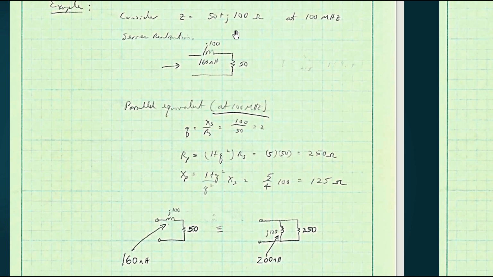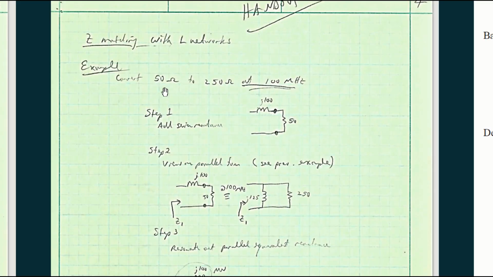Now in this example, we started by saying, what if we want to create an impedance 50 plus j100? Well, we do that. But let's change it a little bit. What if we want to convert 50 ohms to 250 ohms? Can you look at this and think about how you might do that? So that's the next example, convert 50 ohms to 250 at 100 megahertz. So we kind of know how to get halfway there.